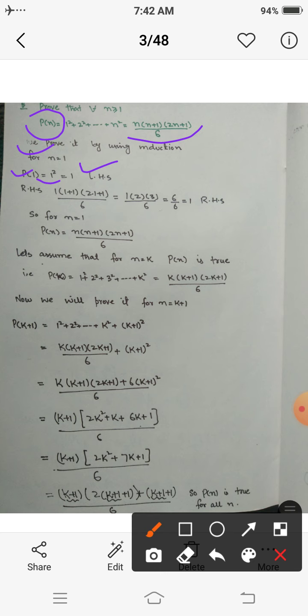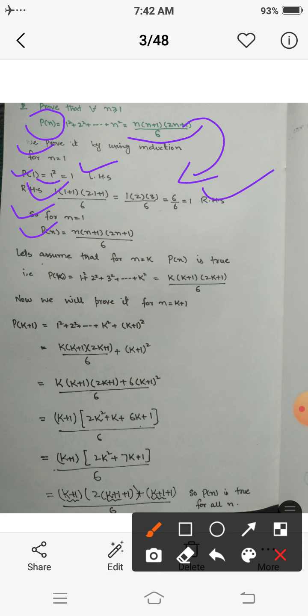Now RHS is n into n plus 1, 2n plus 1 upon 6, but here n is 1. On substituting, we get 1 into 1 plus 1, 2 into 1 plus 1 upon 6, that is simply 2 into 3 upon 6, which is 1. So LHS is equal to RHS, hence for n equals to 1, the statement is true.